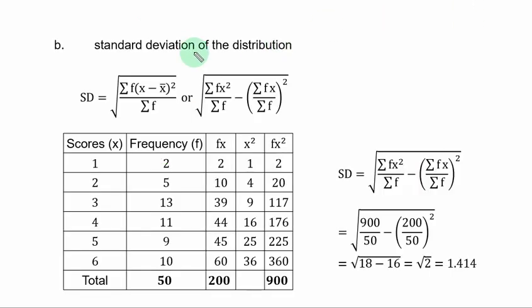B part of the question, standard deviation of the distribution. You can use any of these two formulas. If you are going by this, you need to get the mean, that is x bar. But with this, the mean is not needed. I prefer using the second version most times.